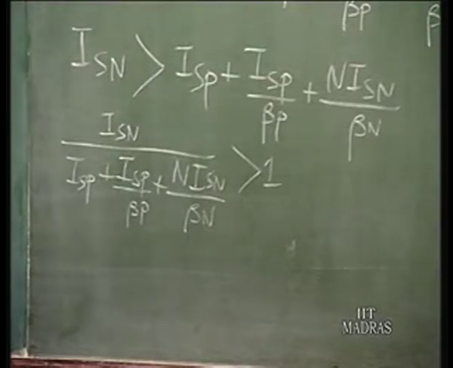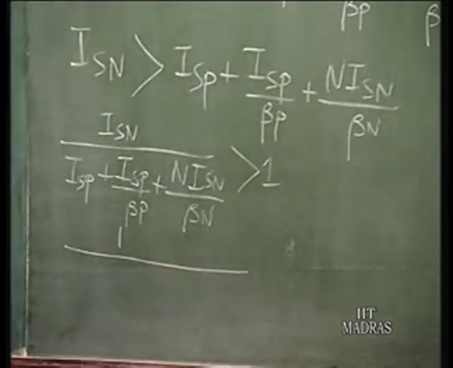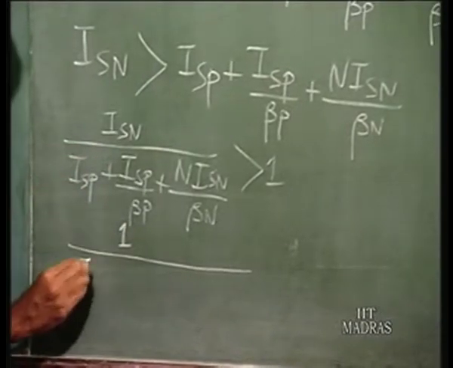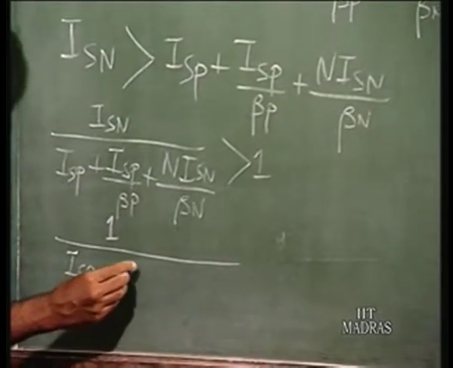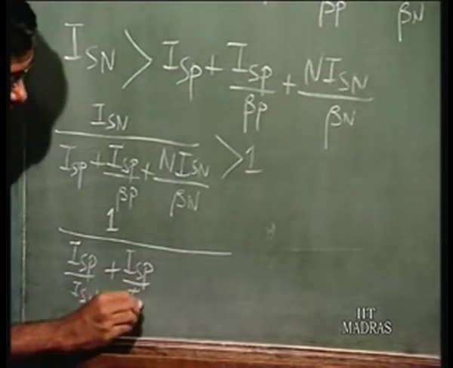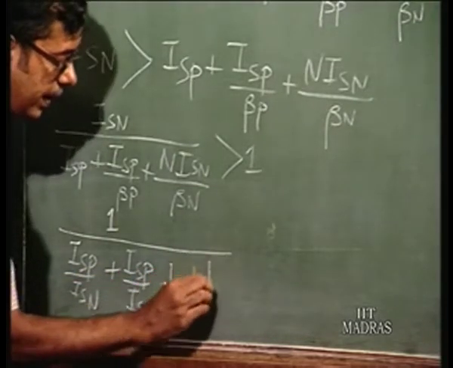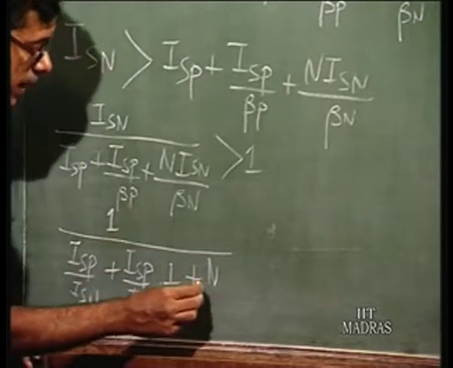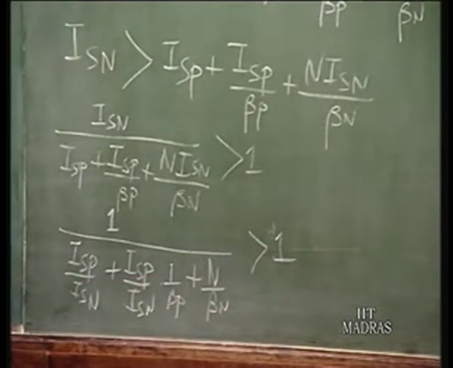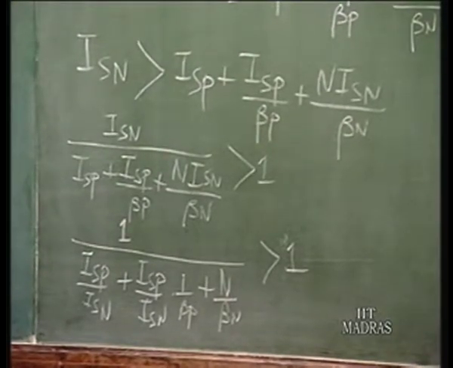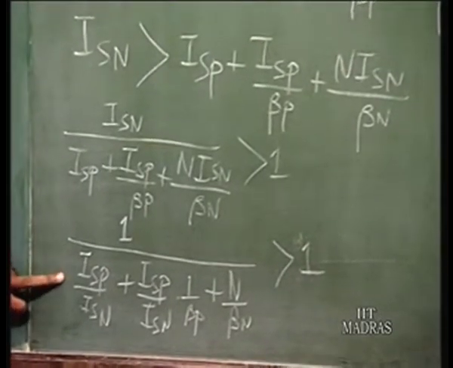Or you can write 1 by, 1 by ISP by ISN plus ISP by ISN into 1 by beta p plus n times n by beta n, must be greater than 1. So, this condition must be satisfied.